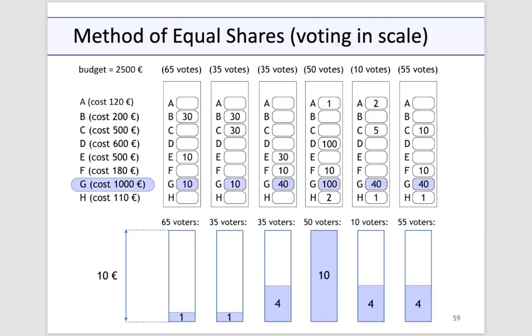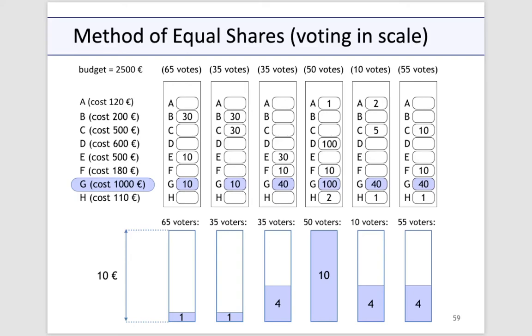How would this work for project G? Project G got in total from all the voters 10,000 points. It costs 1,000 euros. And actually, it is possible to distribute the cost of project G between the voters in such a way that each voter would get 10 points of satisfaction per 1 euro.